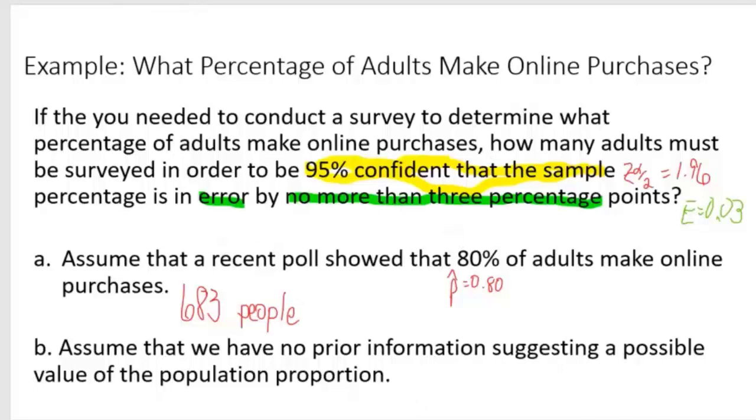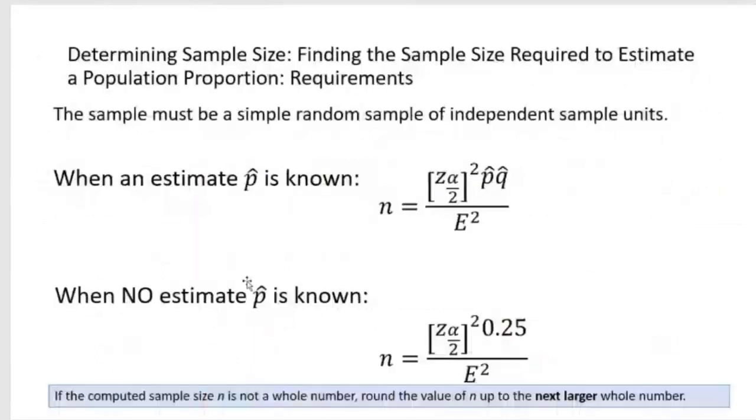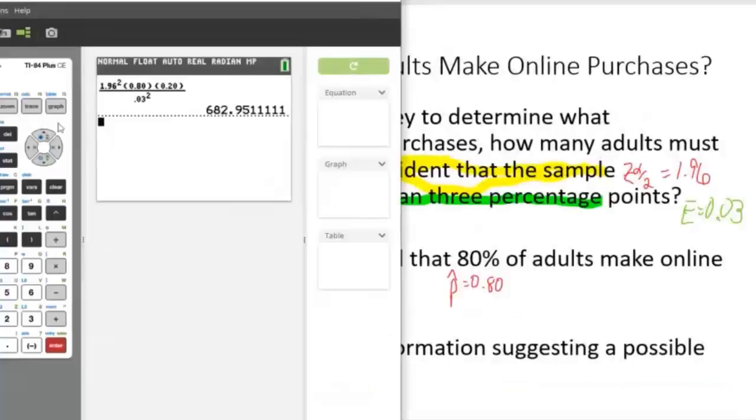So if I don't have a prior estimate, then instead of having p-hat and q-hat, I'll just replace that with 0.25. I'm going to copy that fraction over.